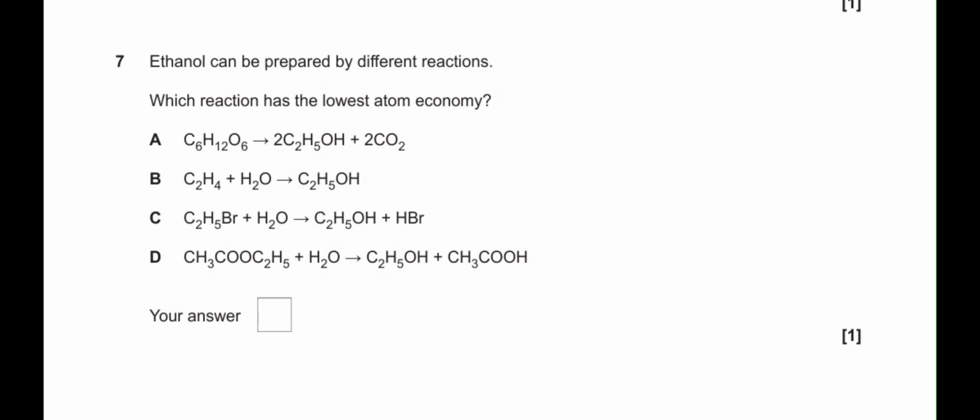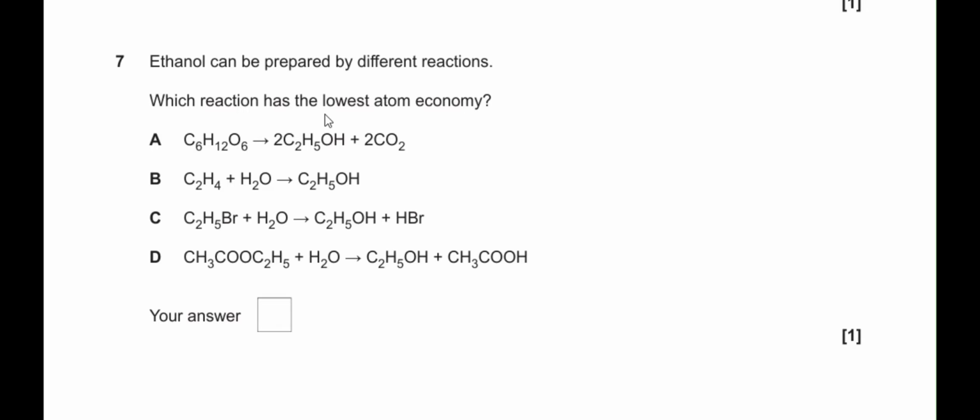Question 7. Ethanol can be prepared by different reactions. Which reaction has the lowest atom economy? Atom economy is the ratio of atomic mass of the desired product to the sum of the atomic masses of all the products. Therefore, to get the highest atom economy, there should not be any side product, and for getting the lowest atom economy, there should be byproducts which have high atomic masses.